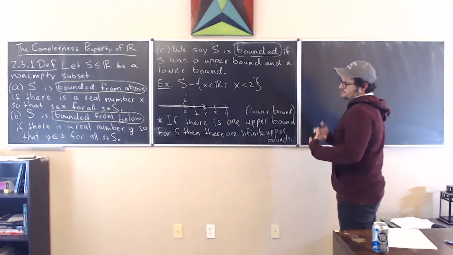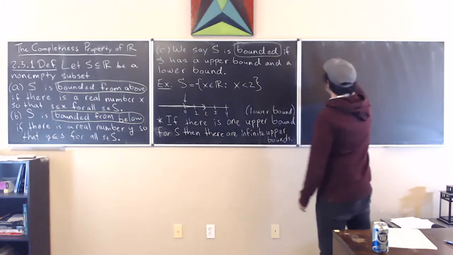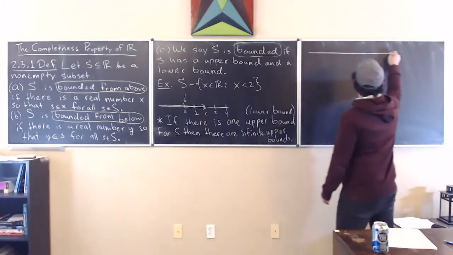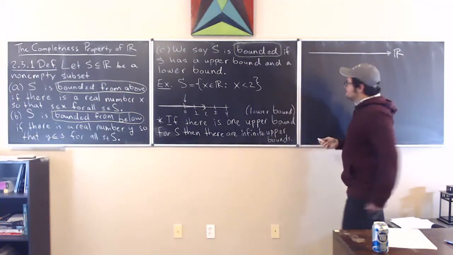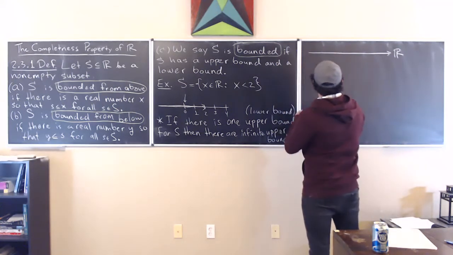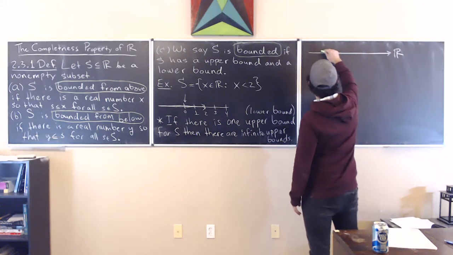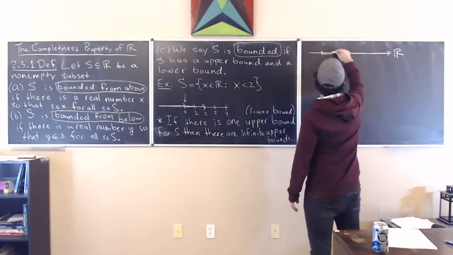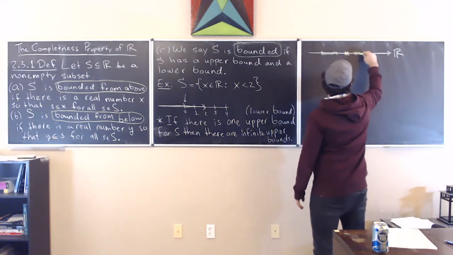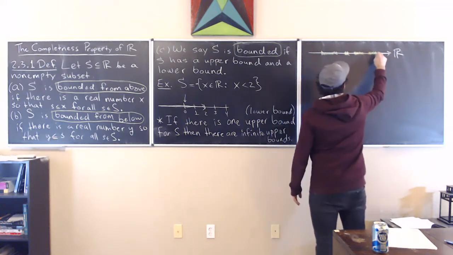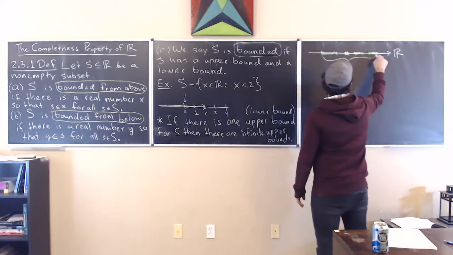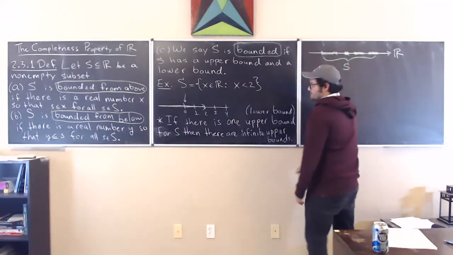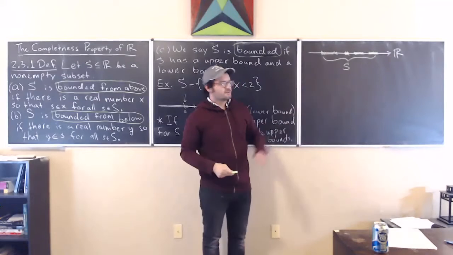Now I'm going to draw a set that's bounded both from above and below. So we have this R, and then the set could be something like maybe that, maybe some stuff there, maybe some stuff there, and maybe some stuff there. So that in green there, and if you can make out that if that's green, but that's S, okay?